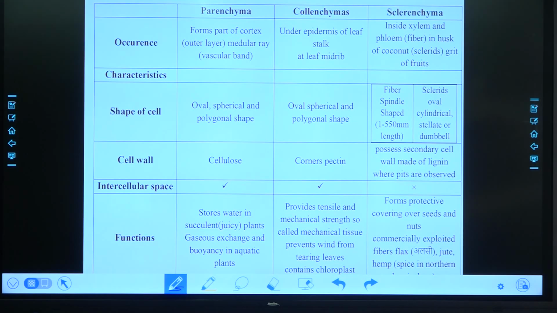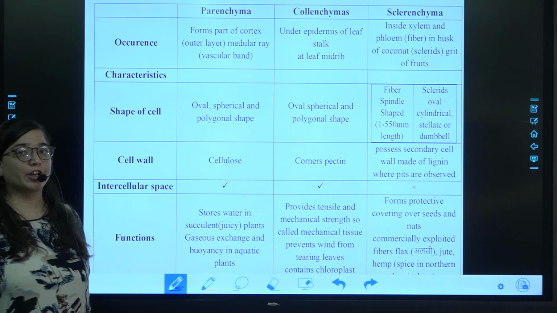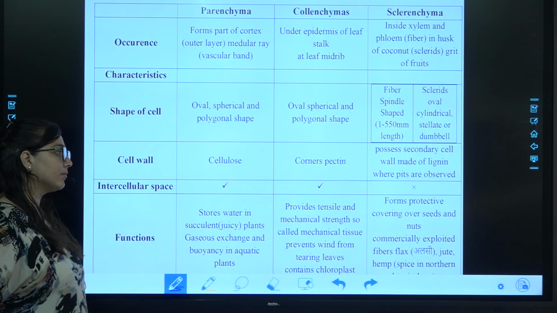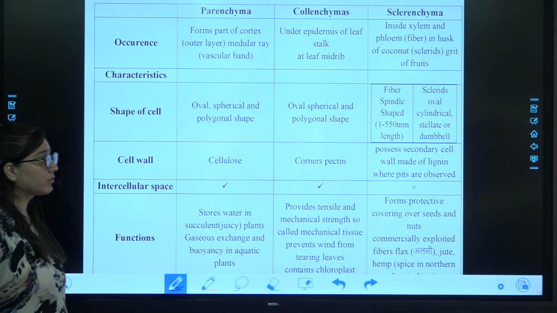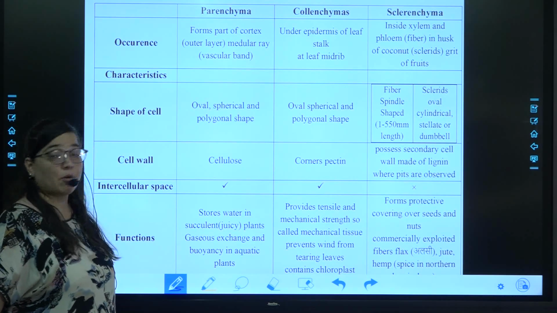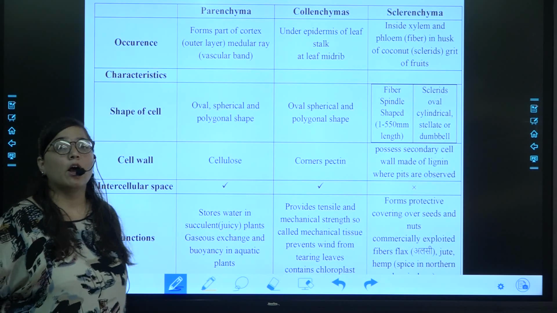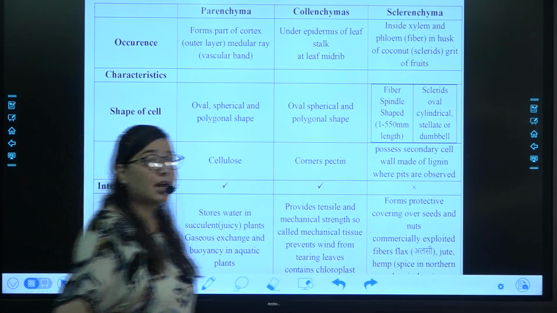Today we have done only about collenchyma and sclerenchyma. Be quick in noting so that we can move further. If you'll observe all the points that are written in your book and you'll compare this, you'll see that 90% of the things are covered in this part.